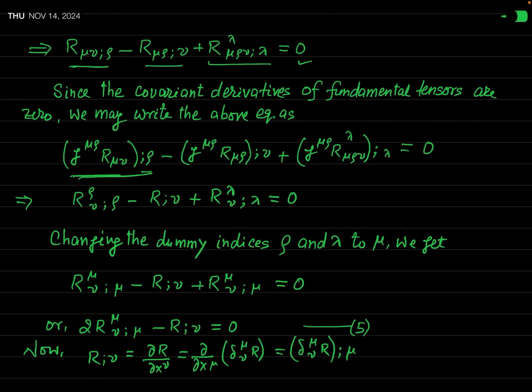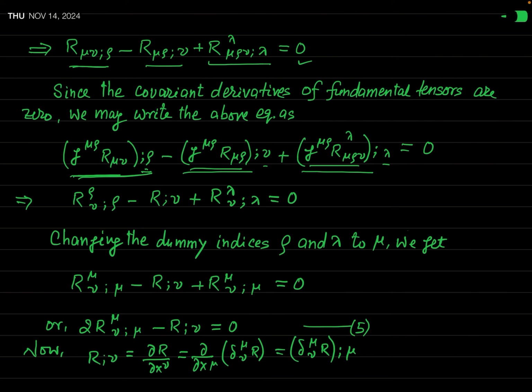Similarly the second term will be written like this, and the third term like this. The first term represents the covariant derivative of the quantity inside this bracket with respect to rho. The second term represents the covariant derivative of the quantity inside the bracket with respect to nu, and the third term is the covariant derivative of the term inside the bracket with respect to lambda. Okay.